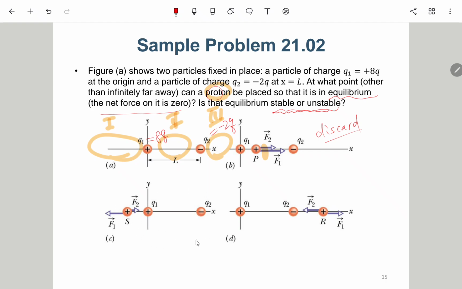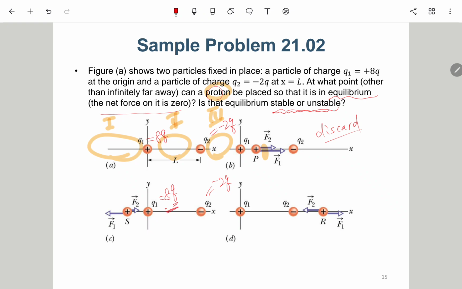If we try to go slightly deeper, we will see that this Q1 is 8Q. We don't know what the value of this Q is, and we don't really need to. And Q2 is negative 2Q, as I mentioned. So considering the absolute value, this Q1 is larger.